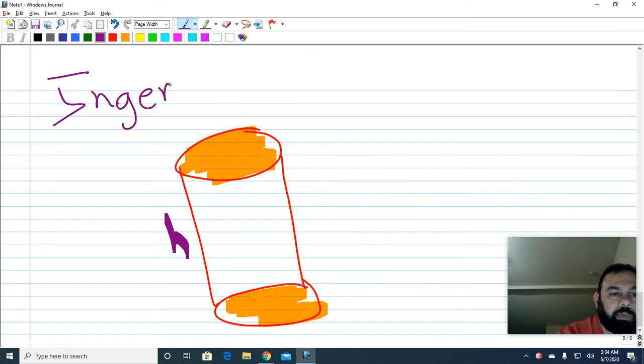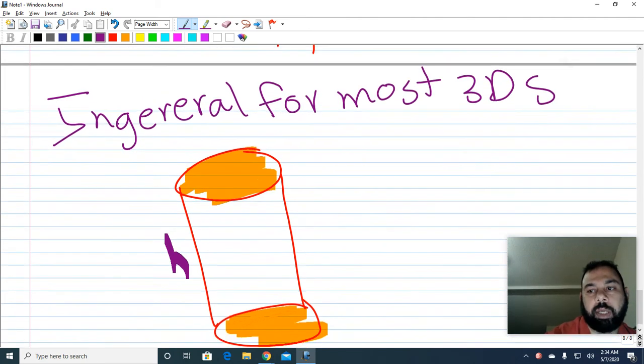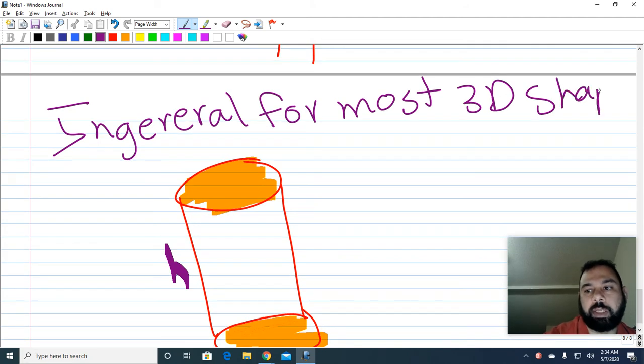In general, for most 3D shapes, and when I say most, I mean 3D shapes that are known in the education stages like middle school, high school, maybe the beginning of college, of course, it doesn't apply to other shapes.